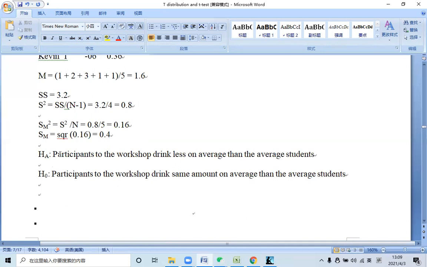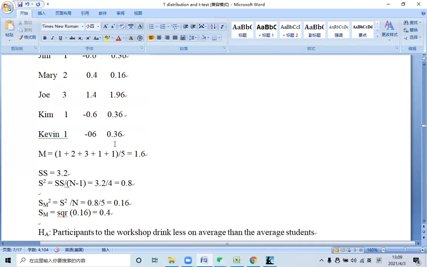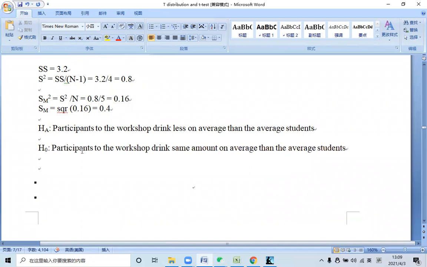We try to use the data to embarrass the null hypothesis. We try to use the data to show the null hypothesis is not likely, it's unlikely. Suppose we start from the assumption that the null hypothesis is true, and the two populations do not differ from each other in how much they drink.